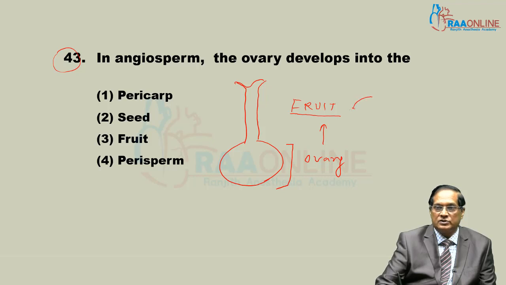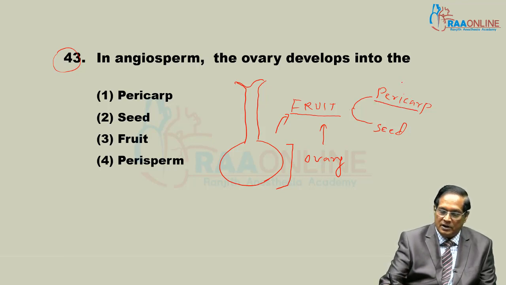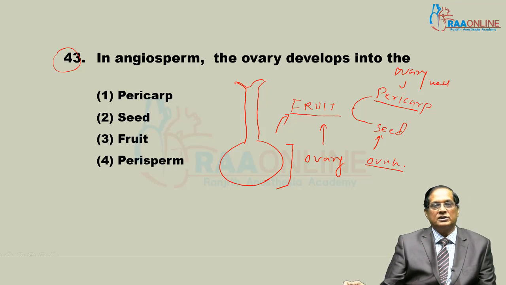In fruit there are two structures: one is the pericarp or fruit wall, the second is the seed. So the entire ovary develops into fruit, but the pericarp develops from the ovary wall, whereas the seed develops from the ovule after fertilization.